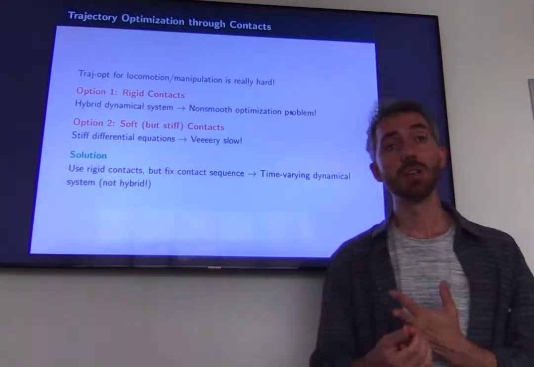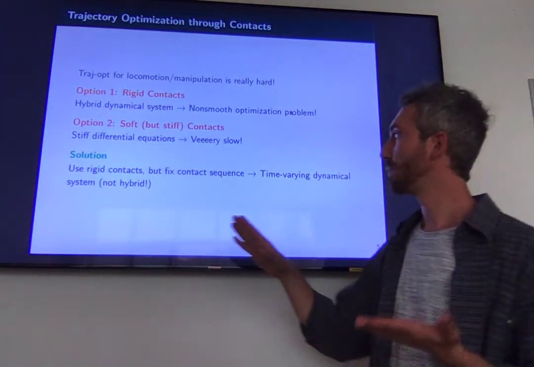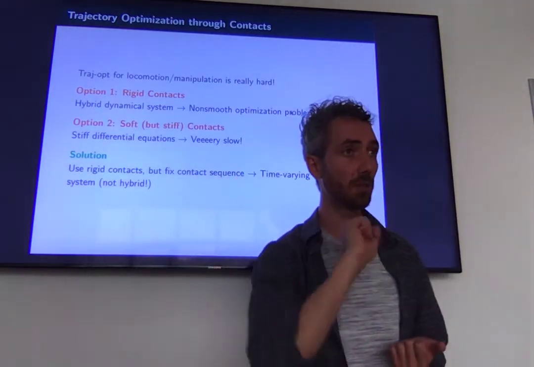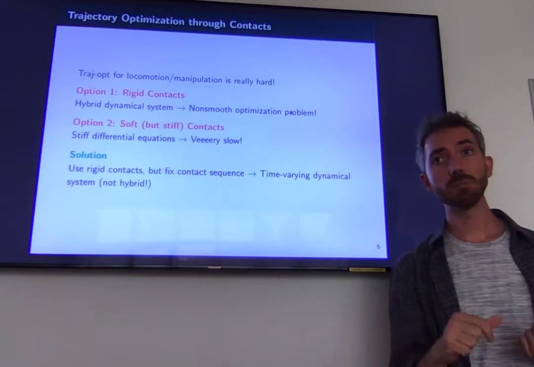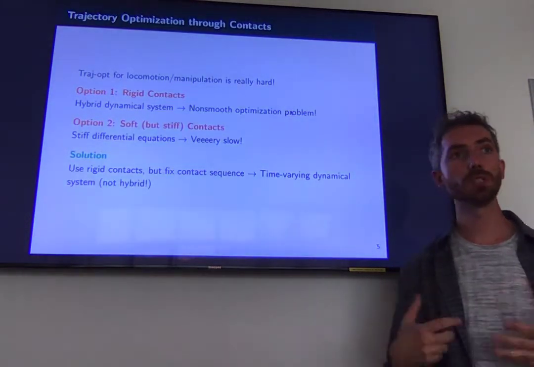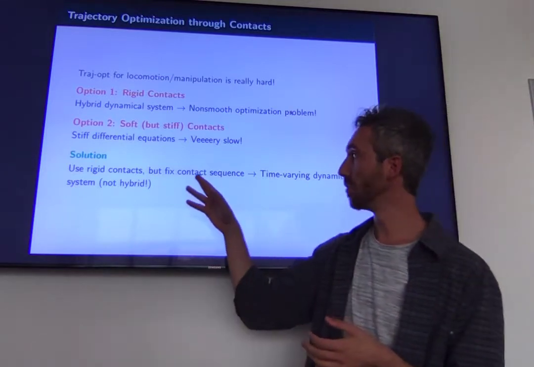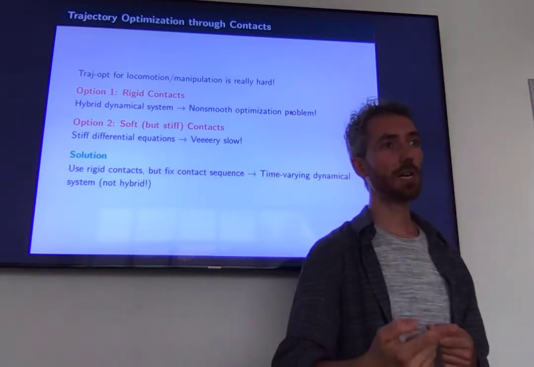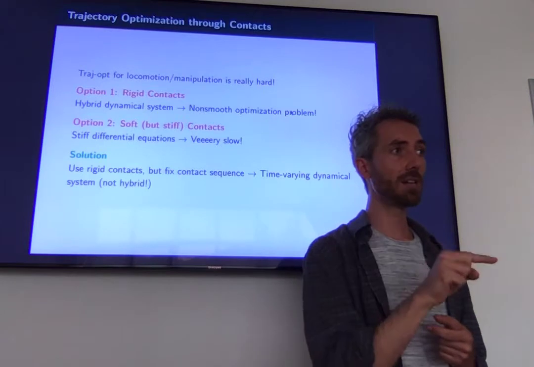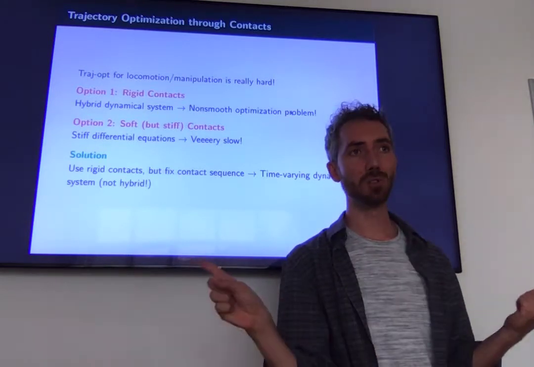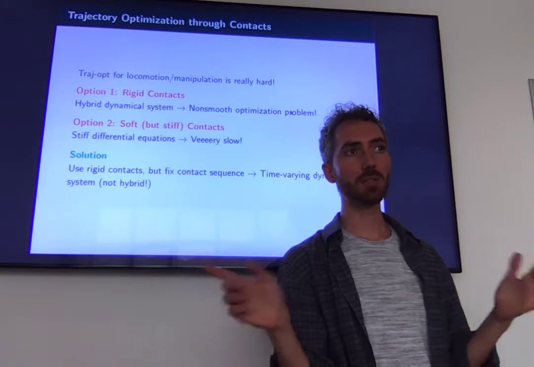Okay, but if we start from the assumption that we can decide beforehand the contact sequence, then the problem becomes immediately much, much easier mathematically. Because if we know which contacts we are going to make and when we are going to make them, then the system is no longer hybrid. It's just time varying.